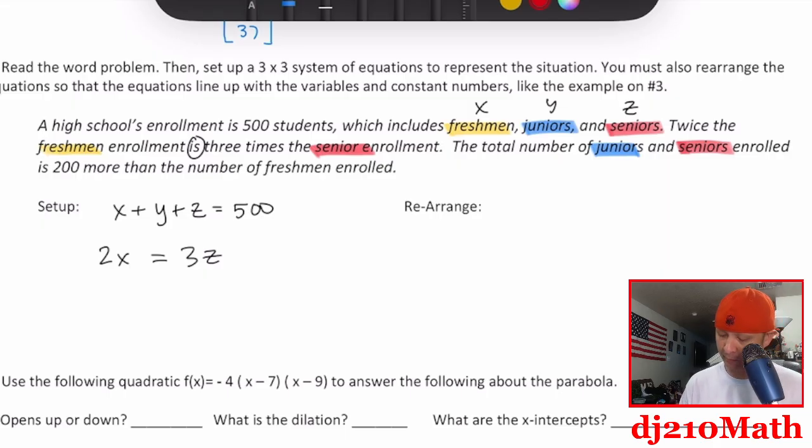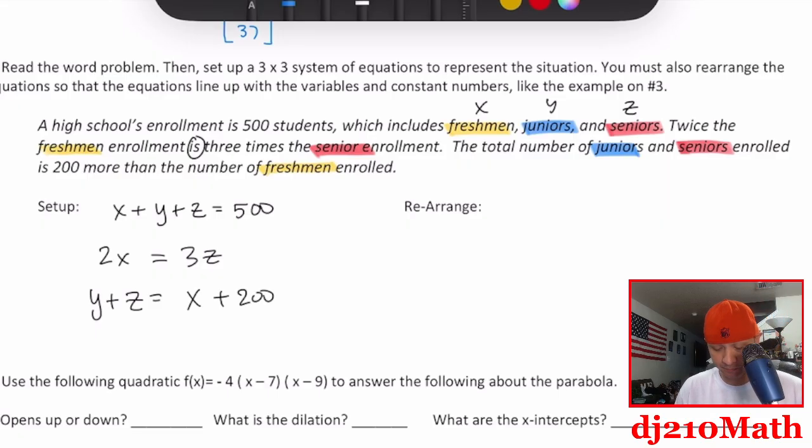The total number of Y and Z means Y and Z added together. Y plus Z is equals what? 200 more than the number of freshmen. So you have the number of freshmen and 200 more. So plus 200. So X plus 200.